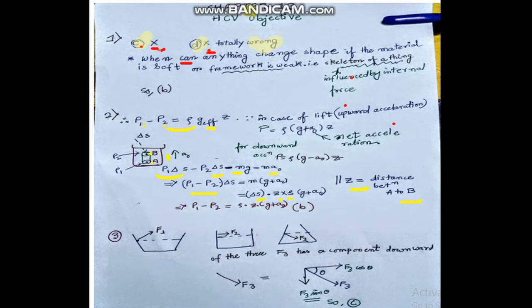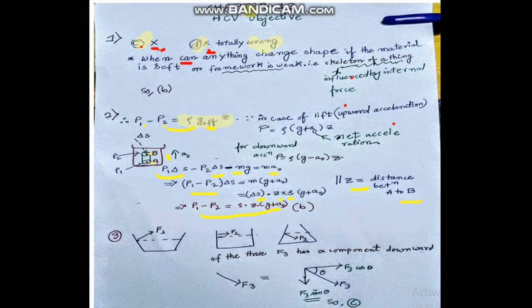Okay, so finally what we get? P1 minus P2 equal to g plus a naught times rho into z. So option B is the correct option. So I am highlighting this thing, rho g effective times z, P1 minus P2. Remember this, it's g effective.